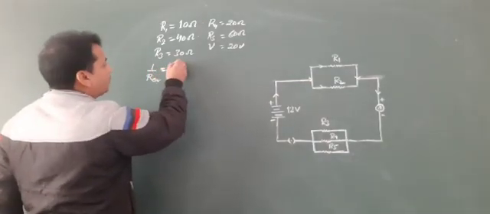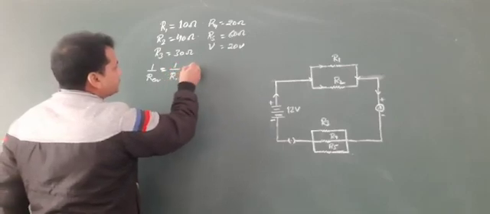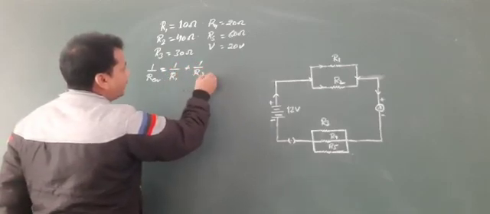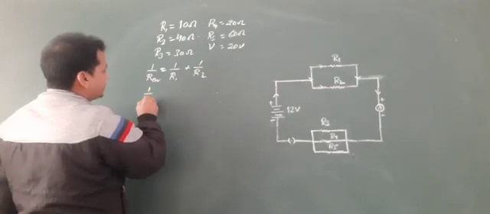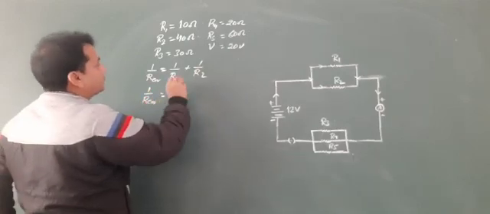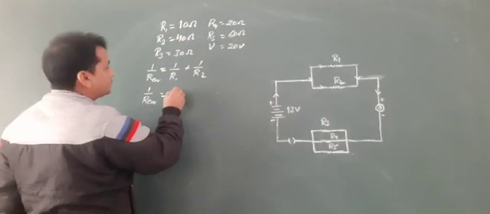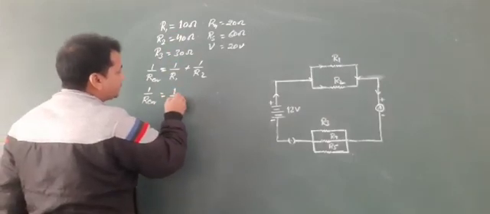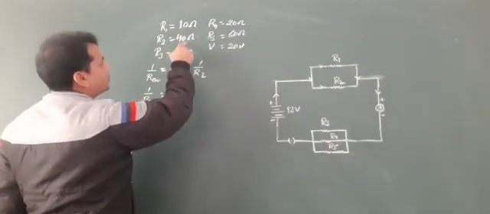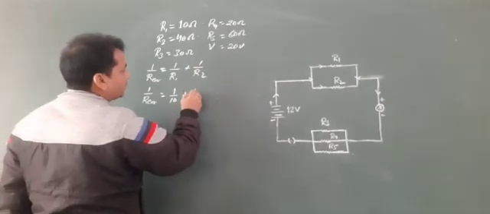So 1 by R equals 1 by R1 plus 1 by R2. Put the value of R1 as 10 ohm and R2 equal to 40 ohm, then 1 by 10 plus 1 by 40.